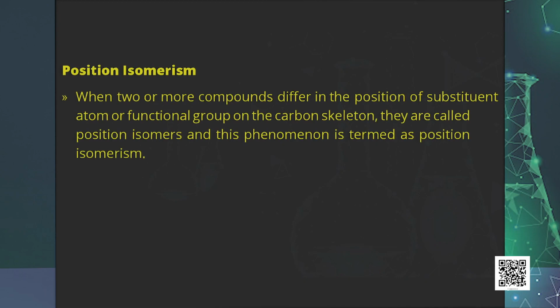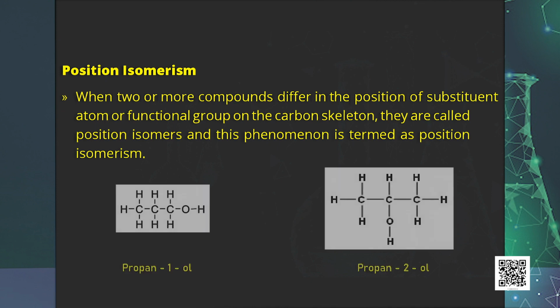Next is position isomerism. As you can see on the slide itself, when 2 or more compounds differ in the position of substituent atom or functional group on the carbon skeleton, they are called position isomers and this phenomenon is termed as position isomerism. Their example is propan-1-ol and propan-2-ol.